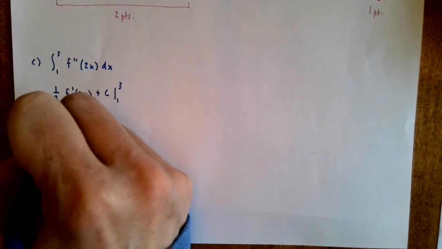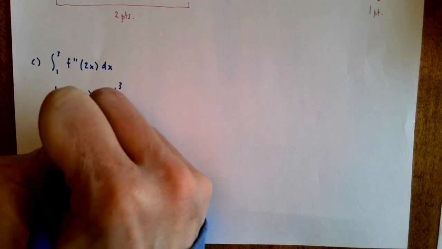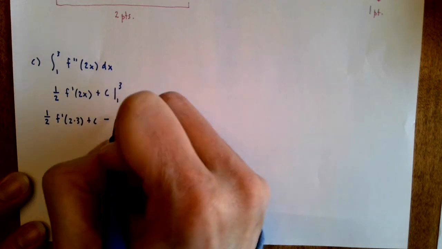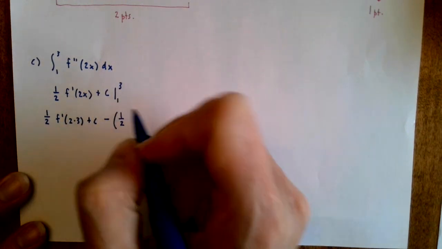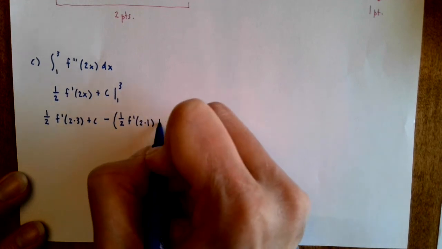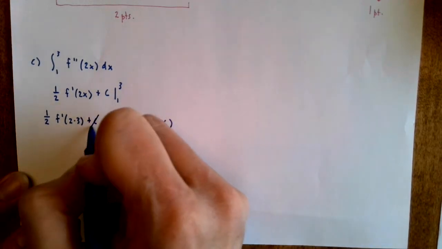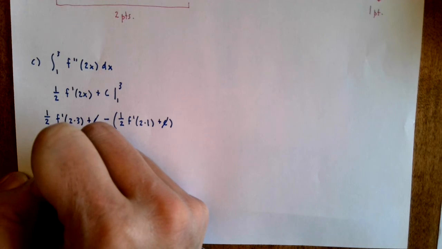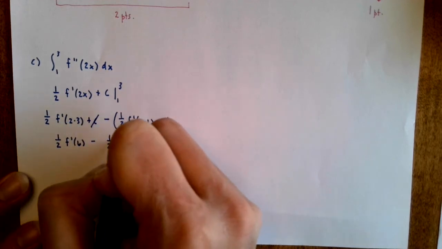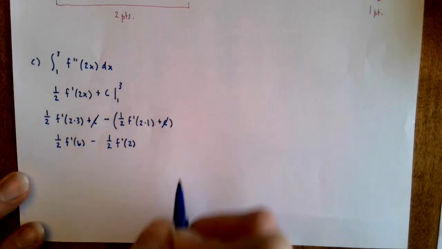So then I've got 1/2 of f prime of 2 times 3 plus c, and then I'm subtracting 1/2 times f prime of 2 times 1 plus c. And so my c's cancel. I have 1/2 times f prime of 6 minus 1/2 times f prime of 2.